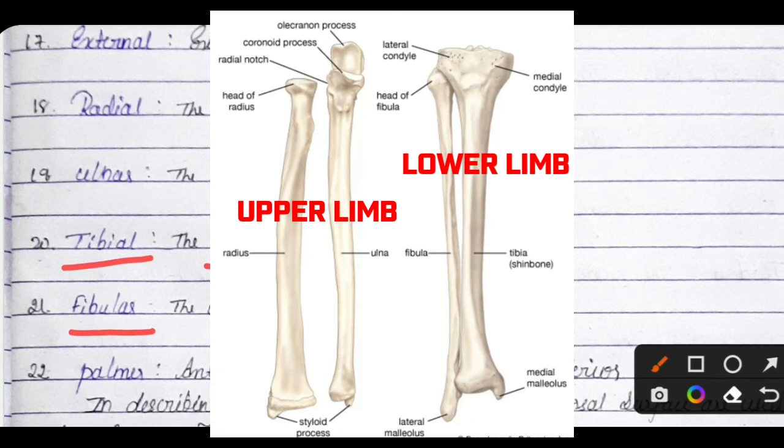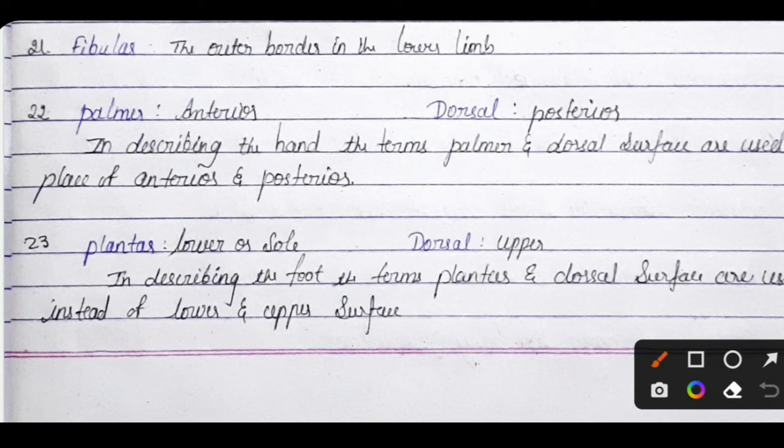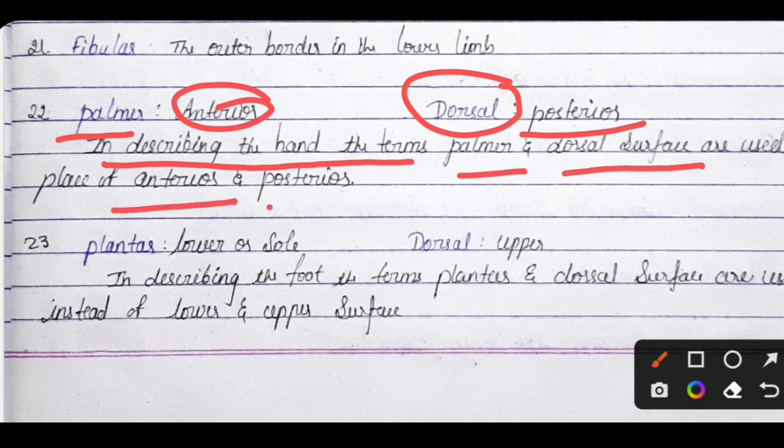Next comes 22, that is palmar, which means anterior. Another one is dorsal, which means posterior. In describing the hand, the terms palmar and dorsal surface are used in the place of anterior or posterior.